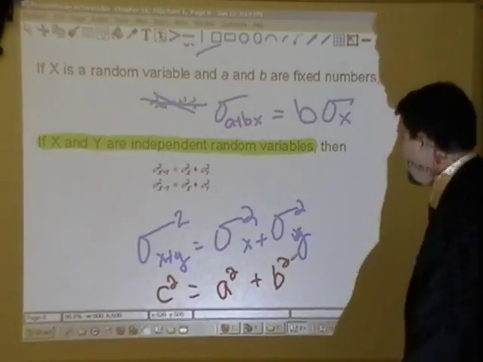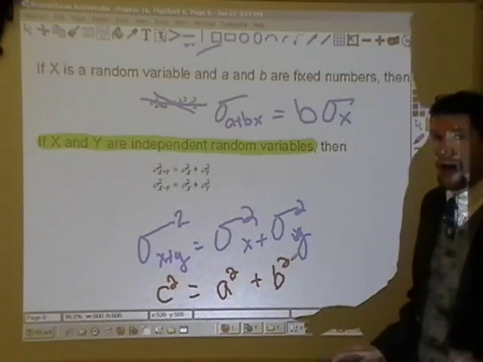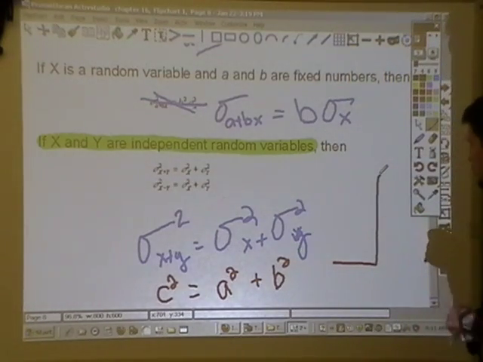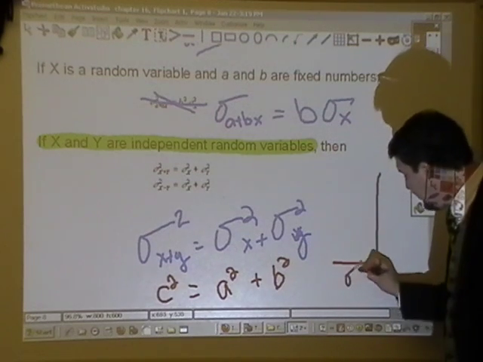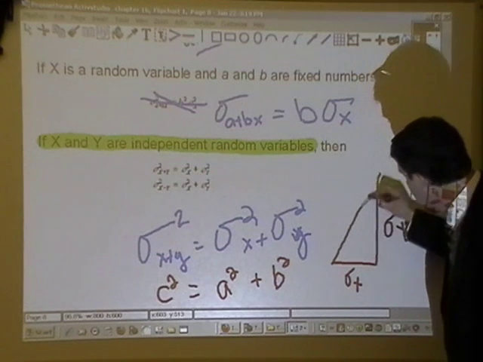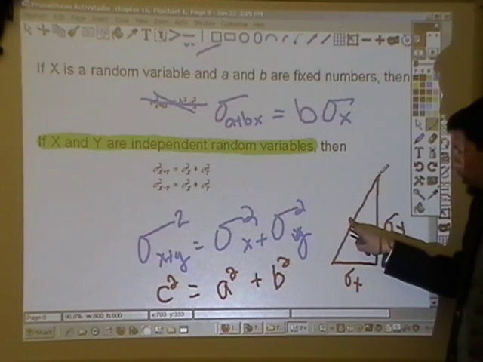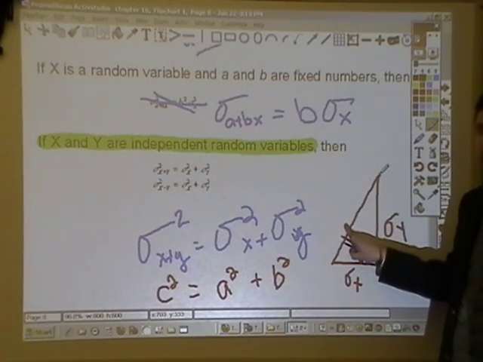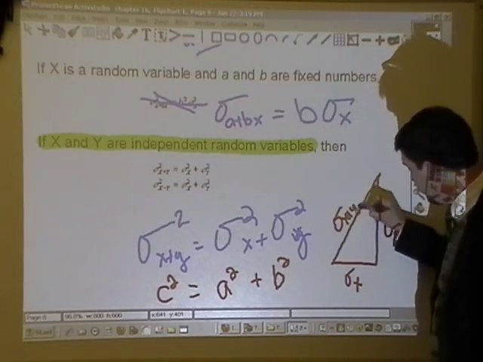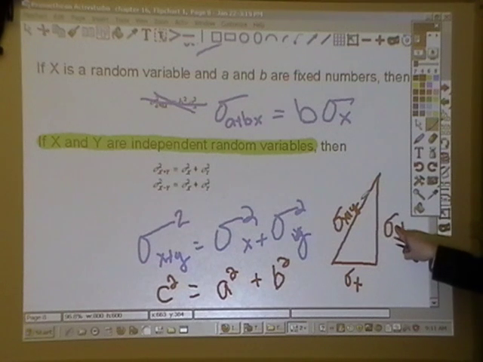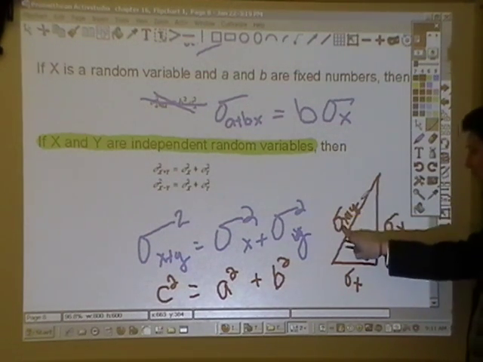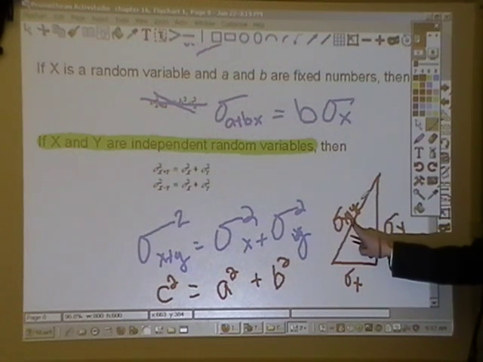It's not unheard of to think of a triangle where one side is the standard deviation of X, another is the standard deviation of Y, and the hypotenuse is the standard deviation of X plus Y. So I would square this, square that, get the hypotenuse squared, and then take the square root.